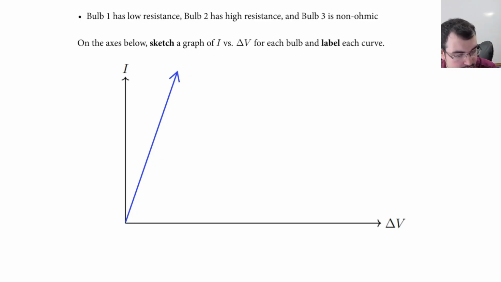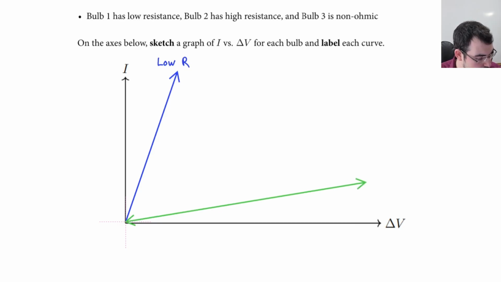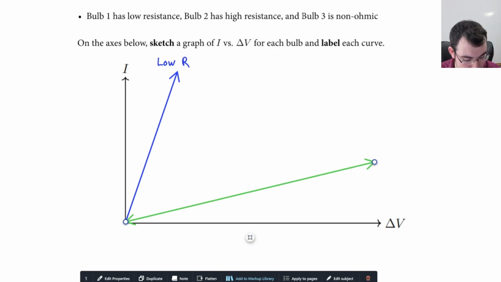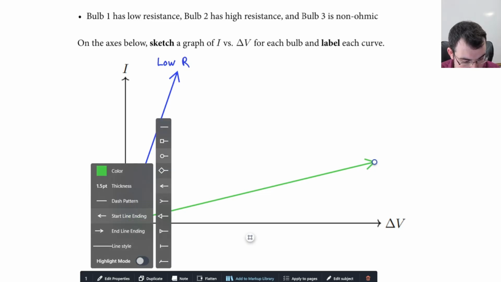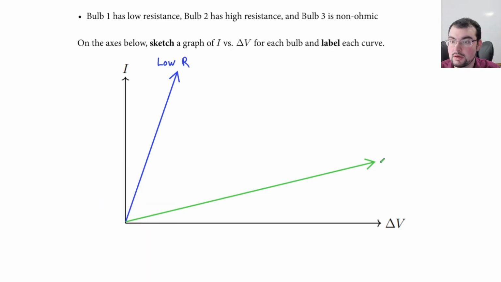So this is actually our low resistance bulb because you get a lot of current. Conversely, we'll get rid of the double arrowhead. If you have a high resistance bulb, you're going to get a low amount of current.